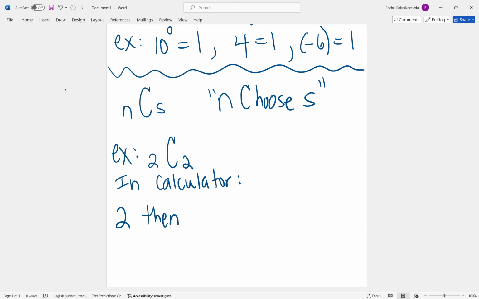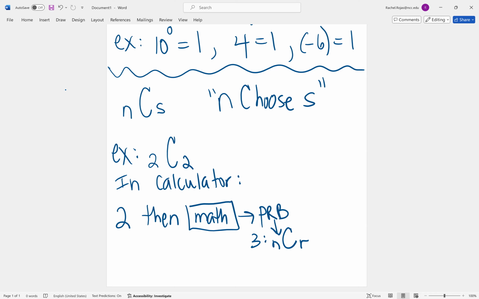Then we're going to press math. And we have to pull up the combination function. So we're going to arrow over to PRB, which is probability. And then we're going to choose the combination option, which is option 3. And the calculator uses N choose R instead of S. That's just what the calculator uses.